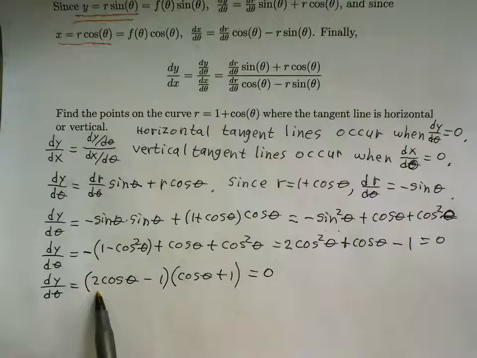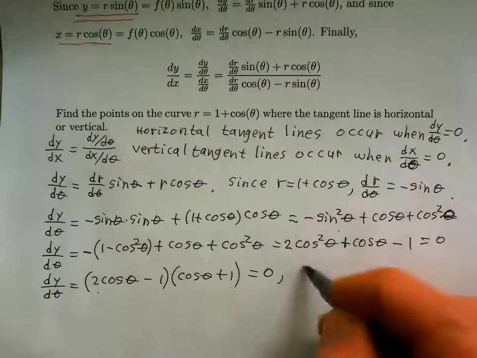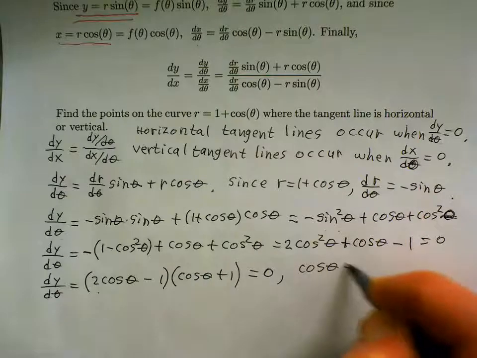Okay, the product is 0 when each of the factors is 0. So 2 times cosine of theta minus 1 is 0 when cosine of theta is 1/2.